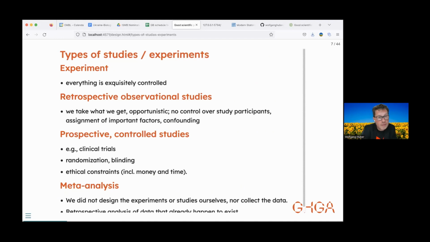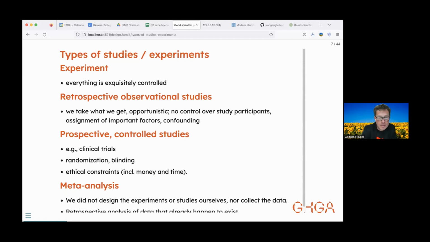It's also important, when you plan experiments or studies, to think about what you're actually planning. So in an experiment, everything is explicitly controlled. There are some examples for that, and the opposite, in some sense, in a statistical way, is a retrospective observational study, where we basically take data that we get.